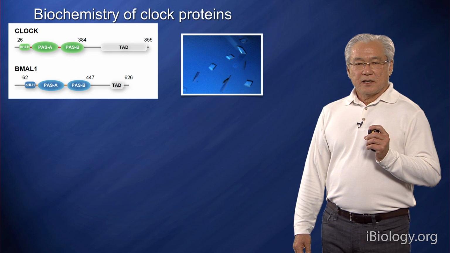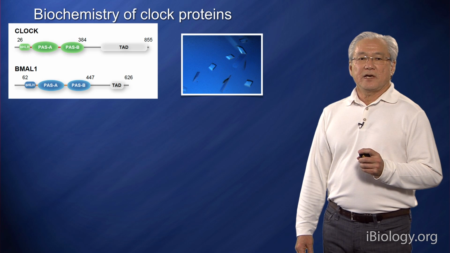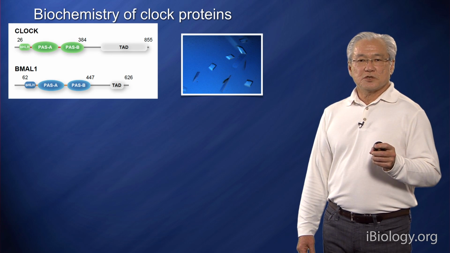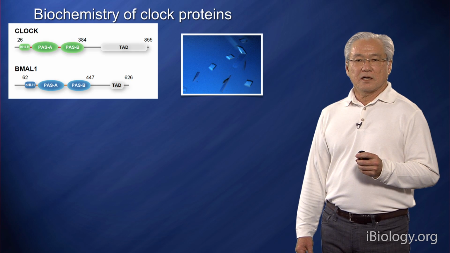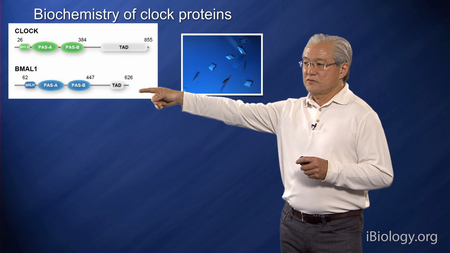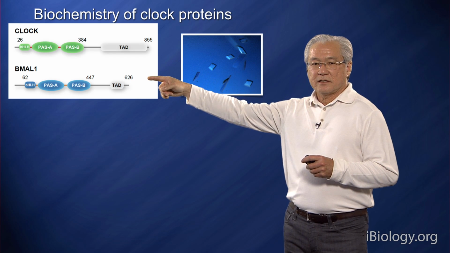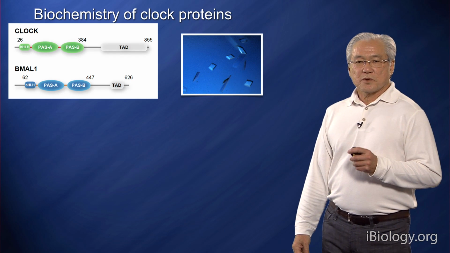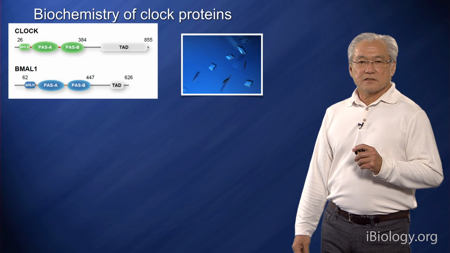A number of years ago, we began to focus on the biochemistry of these two clock proteins, CLOCK and BMAL1, which are illustrated here in diagrammatic form. To study them, we attempted to express and purify those proteins.